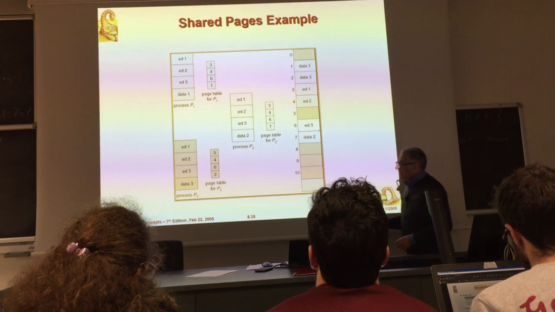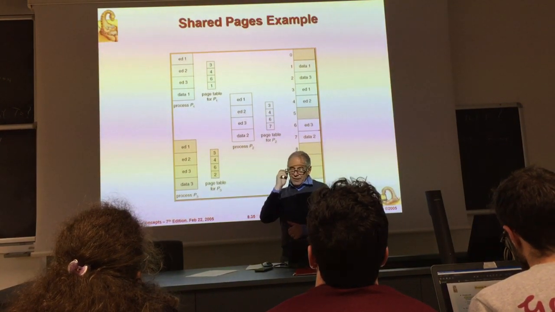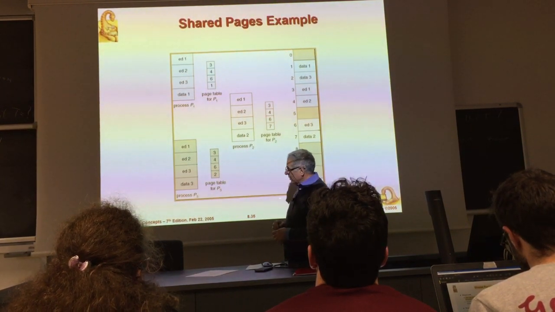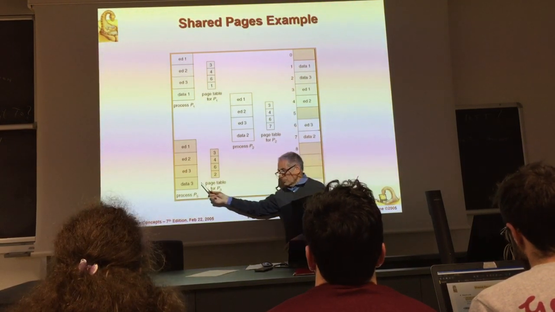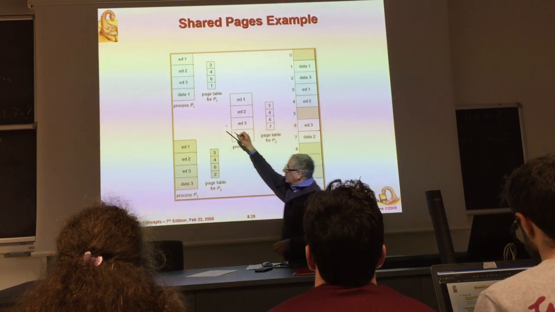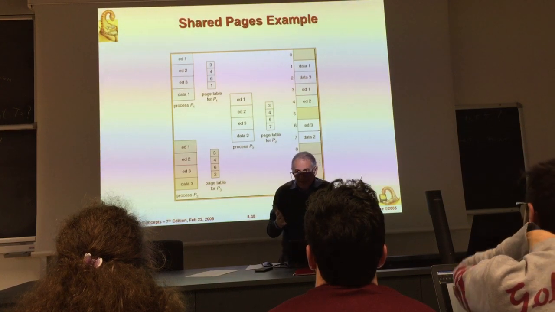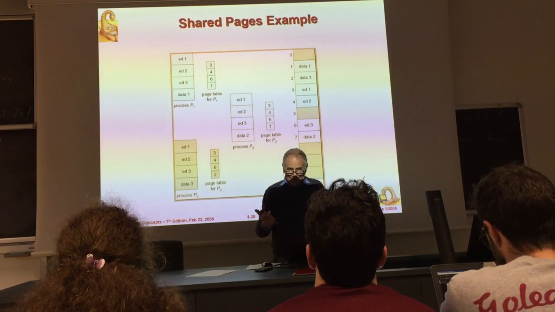So, in this case, the kernel must avoid allocating the code pages of the editor twice, but it needs to allocate a page for data 1 and data 3. It's not so nice because the editor is pre-compiled.